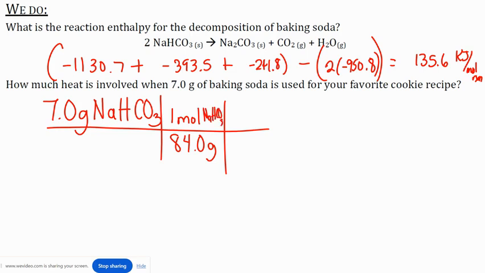I got it just skinny enough to get it in there. All right. I know based on my stoichiometry that for this reaction, for every mole of reaction that I'm going to generate every time I run through this, I'm going to need 2 moles of this guy. So I'm going to get rid of that.